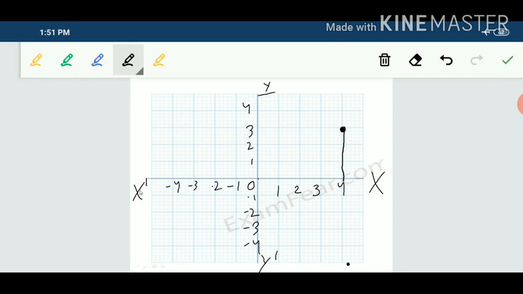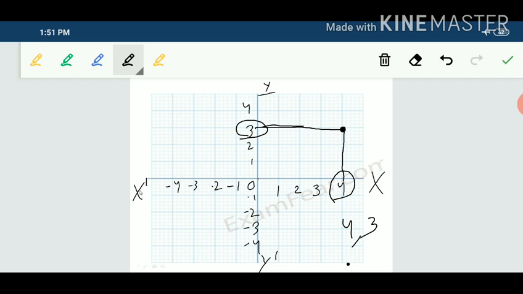From the same point, draw a perpendicular line on the y-axis. Where the perpendicular touches the x-axis, that is its value of x. Where the perpendicular touches the y-axis, that is its value of y.